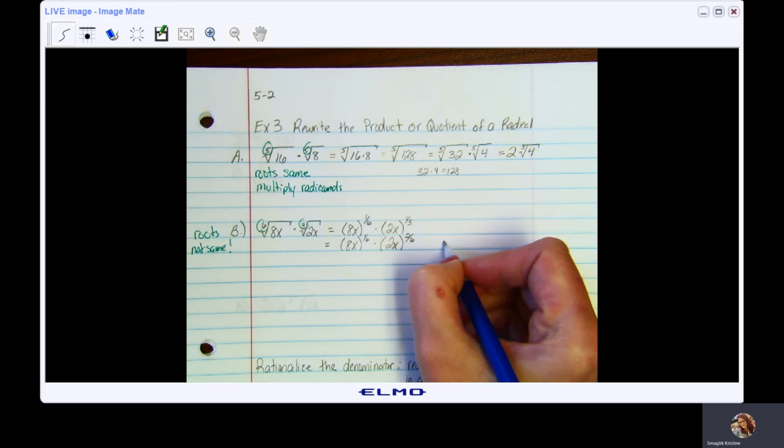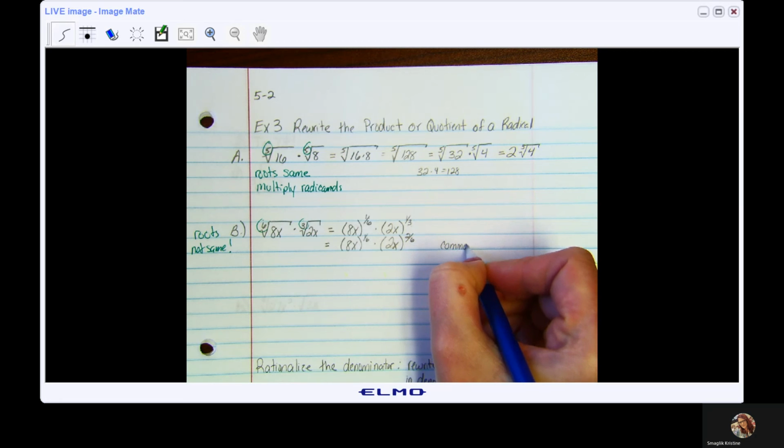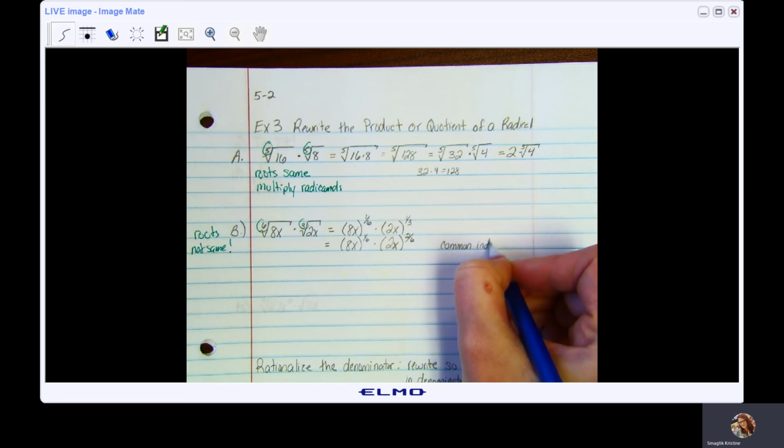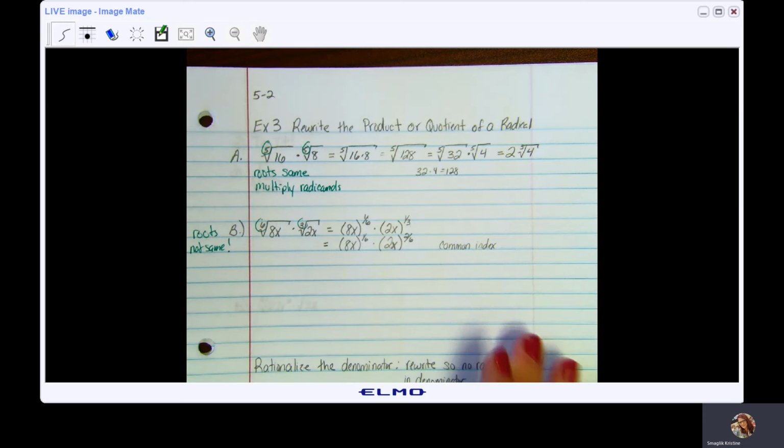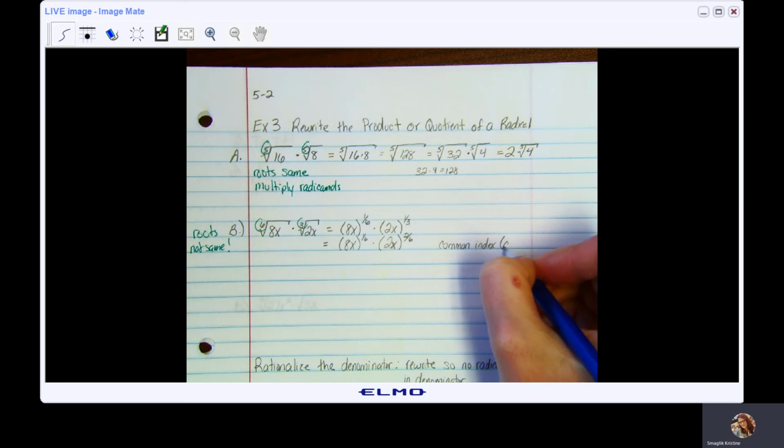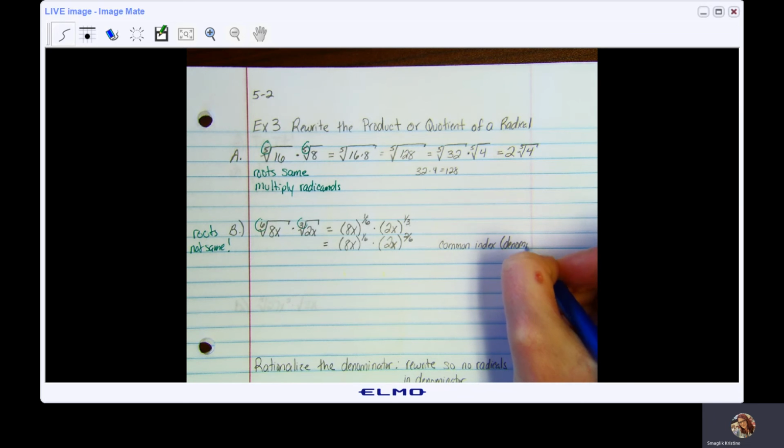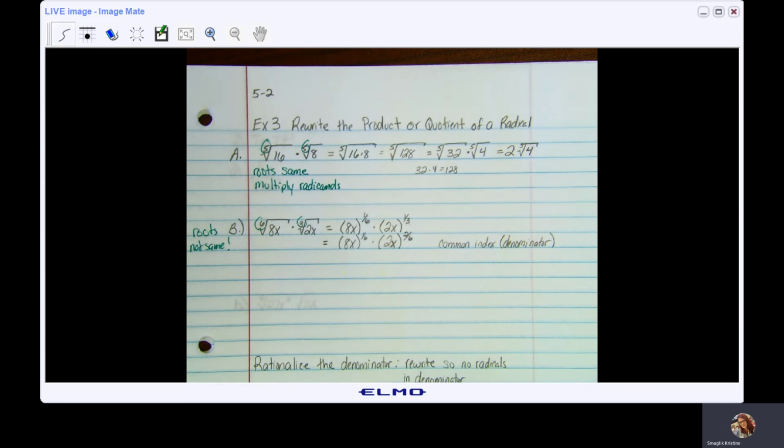So here we need a common index, which is also, in our instance, the denominator. Now we're going to simplify.